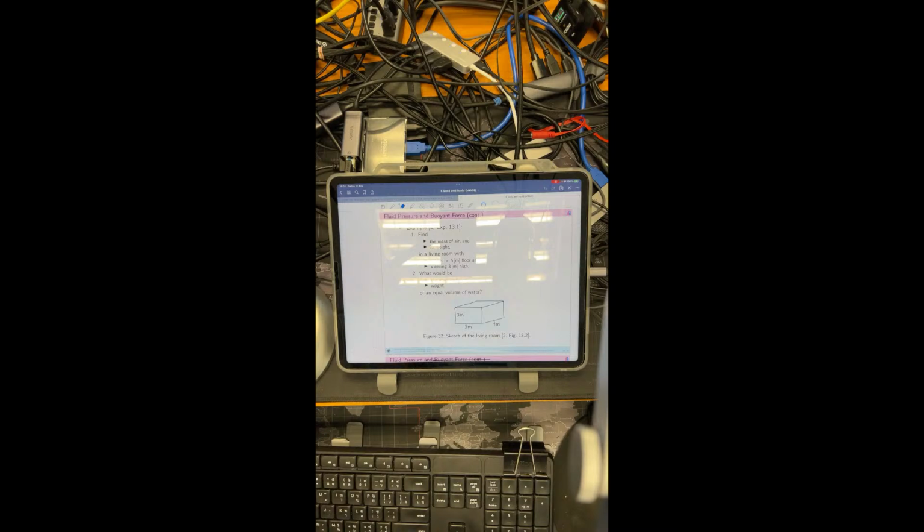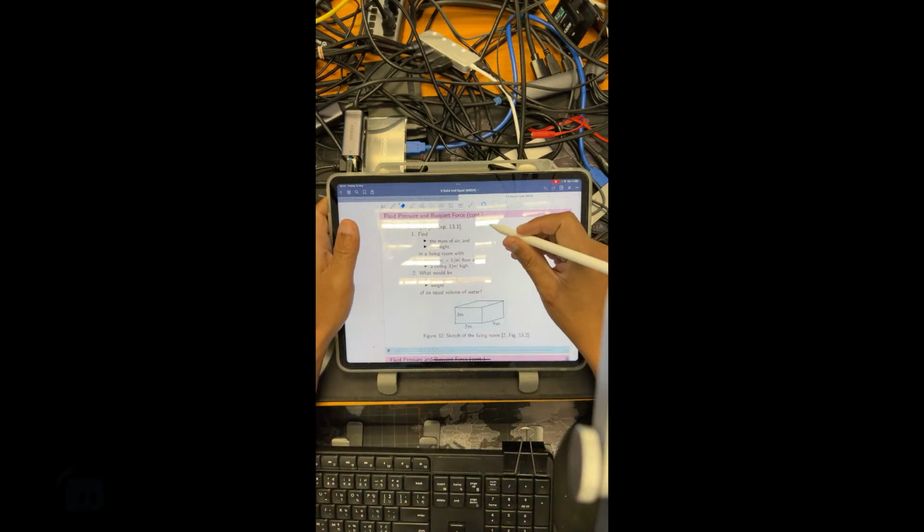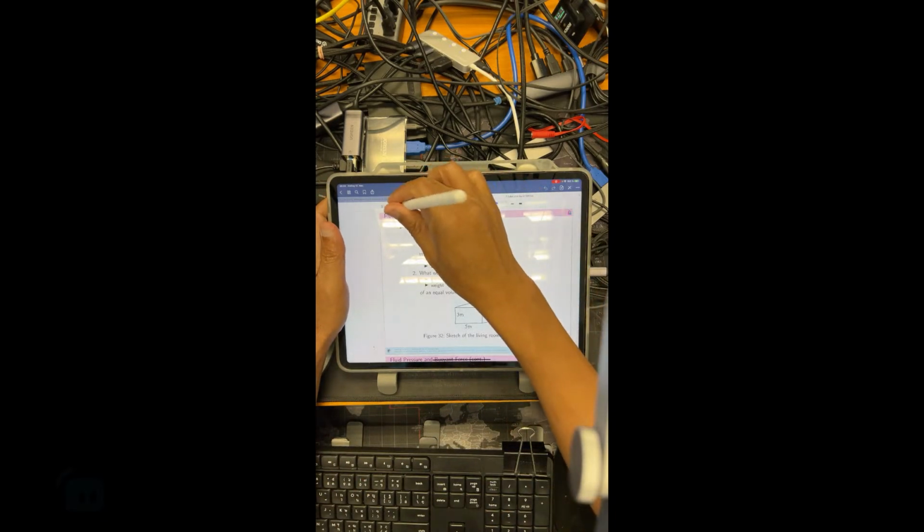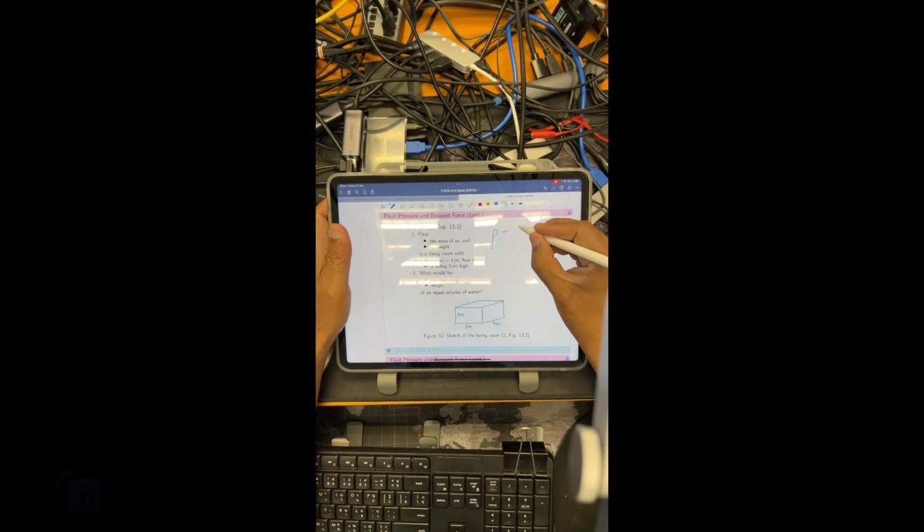First we have to recall the formula of density, which is rho equals m over v.